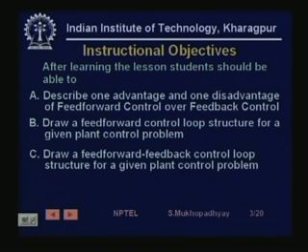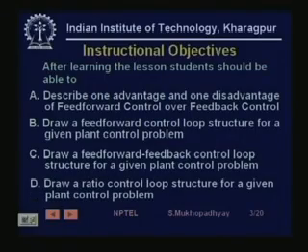As I have just said, feed forward control has some advantage, it also has some disadvantage. So, for best results one should use both the feed forward control and the feedback control in a control configuration.